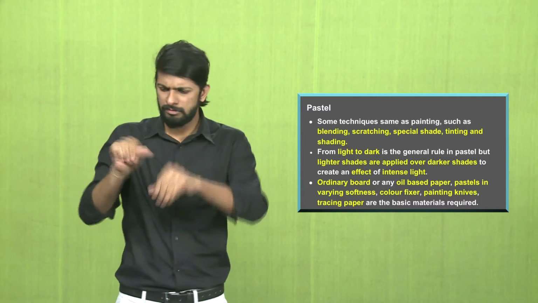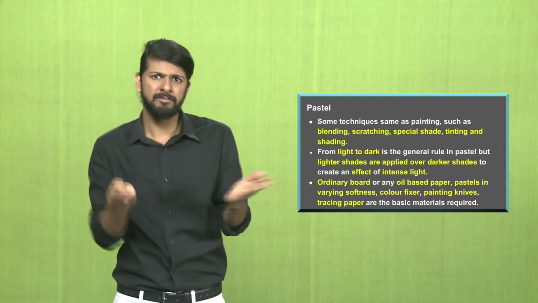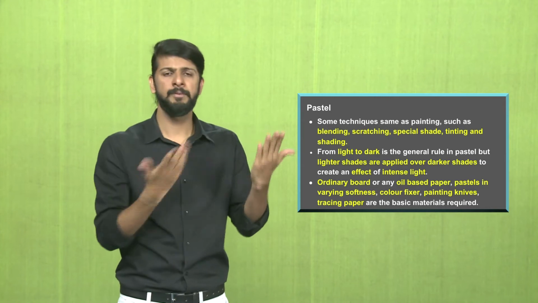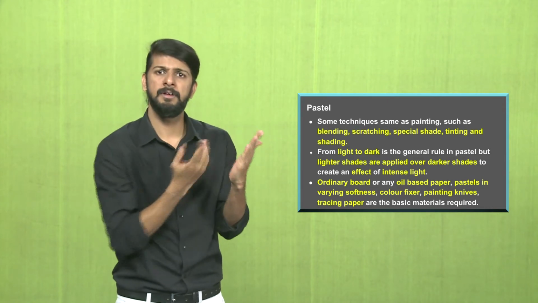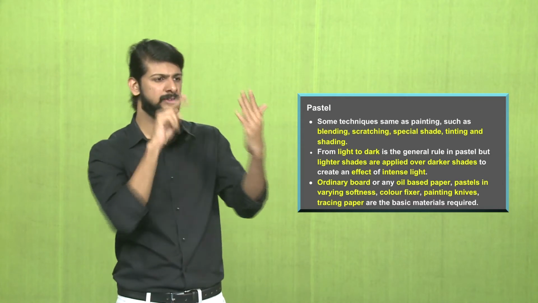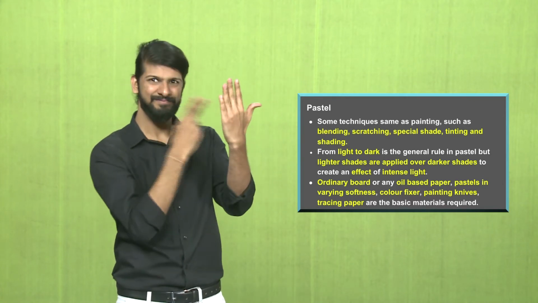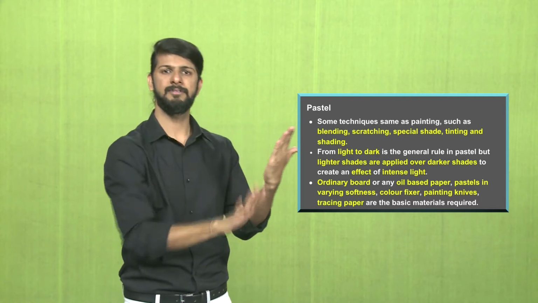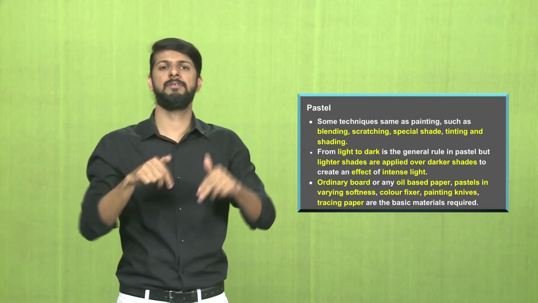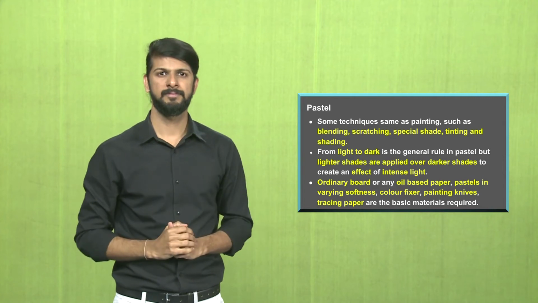Then there is something called a color fixer, which could be a chemical which you use to fix the colors. Then you have painting knives and tracing paper. These are the basic items which are required for pastel work.